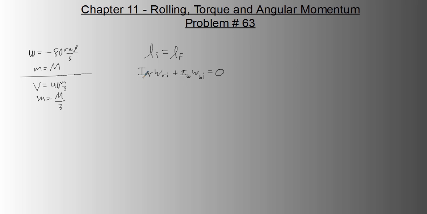So what is the moment of inertia of a rod? Well, it's 1/12, and it is pivoting at the center, so you don't have to do the parallel axis theorem and get the 1/3 that you'd have at the end point. Anyway, 1/12 ml squared omega Ri plus, and the particle is just a point particle, so it's just mr squared, and its r distance from the pivot is d, so we'll just put d in right now, and omega ball initial equals 0.